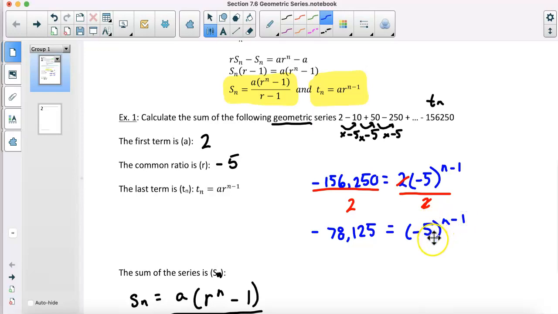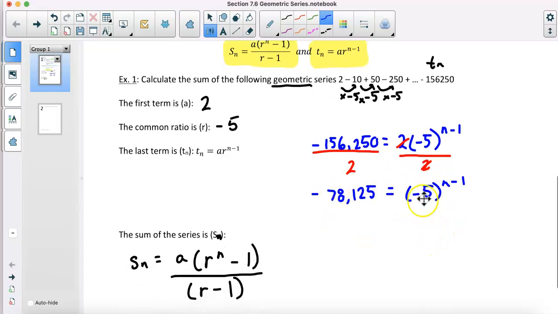The easiest thing you can do here is take the log of both sides and move forward from there. But one thing we can also try is, can we put this to the base of minus 5? Through a little bit of trial and error, you'll find that we can put this to the base of minus 5, and that's going to be the exponent 7.